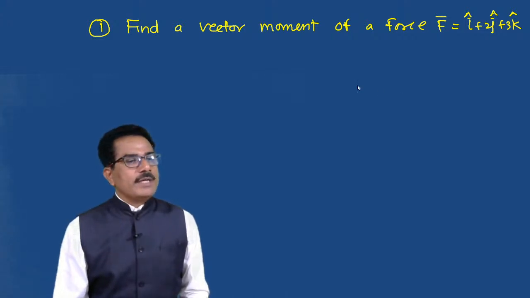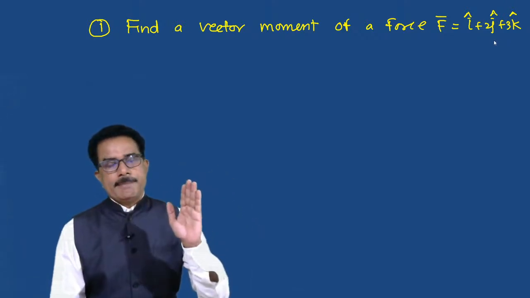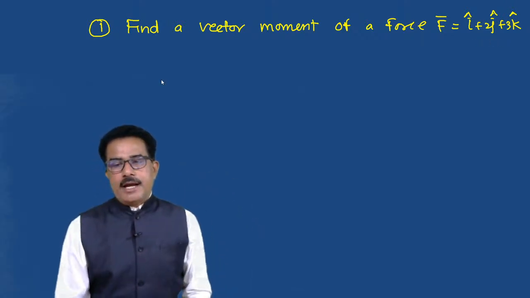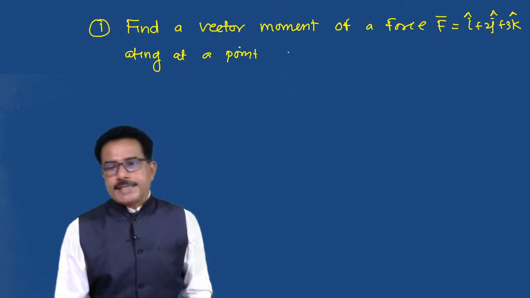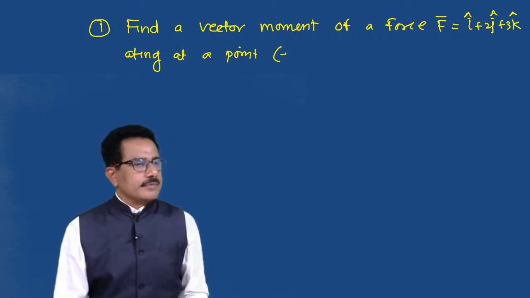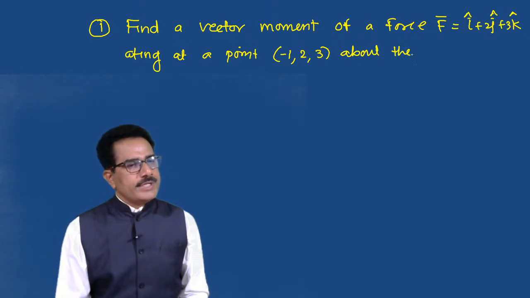Find the vector moment of a force F bar, i plus 2j plus 3k, acting at a point (-1, 2, 3) about the origin.